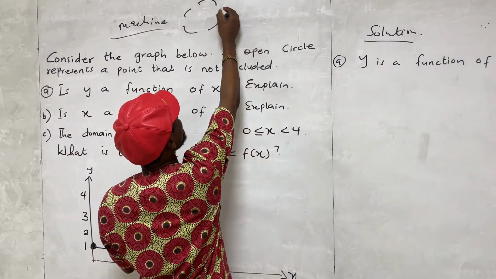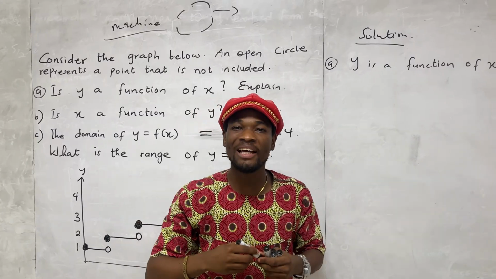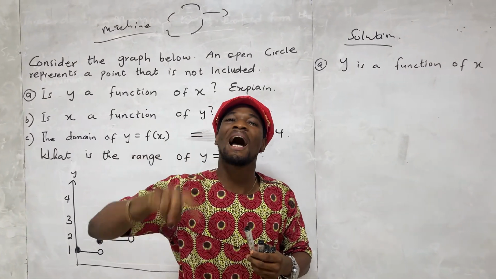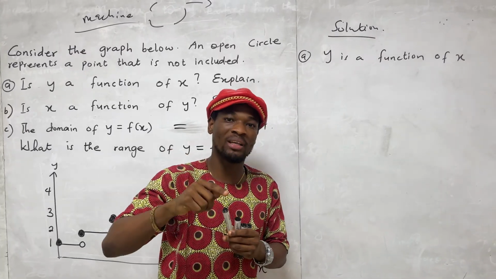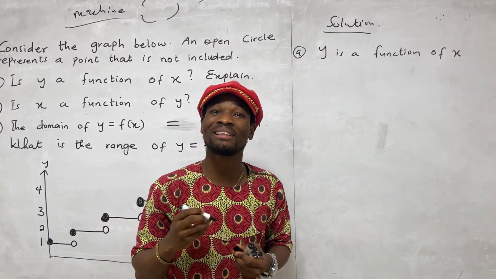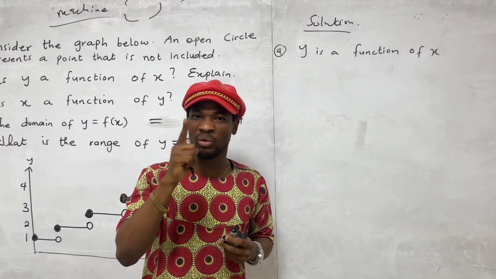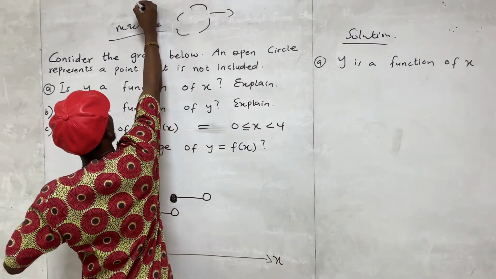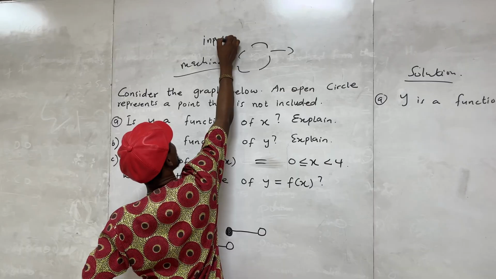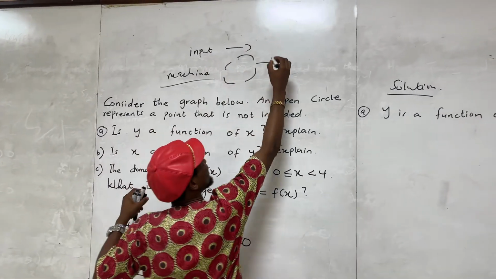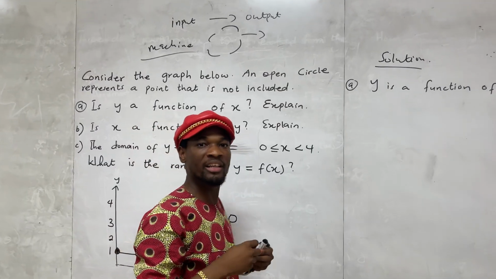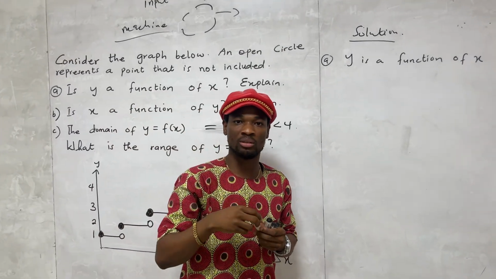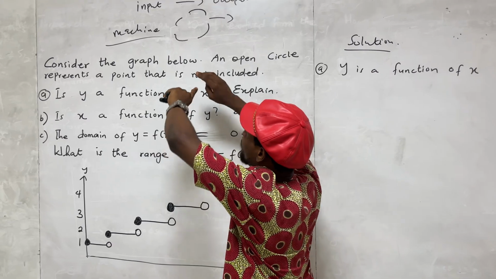Then it will give out a desired resource, an outcome. And that outcome or desired resource is what we call the y, which is the output. So in other words, we have an input giving out a corresponding output, a desired resource.